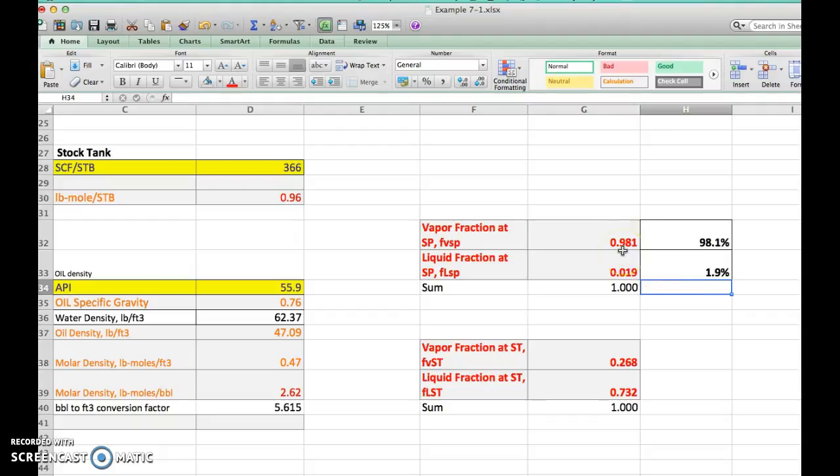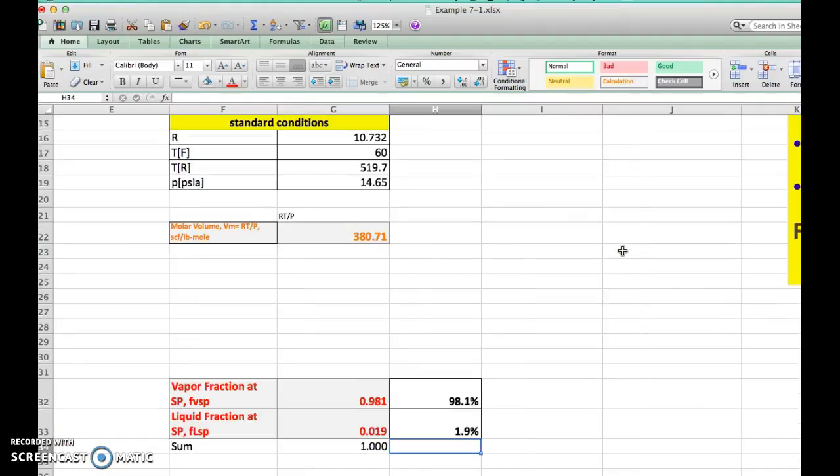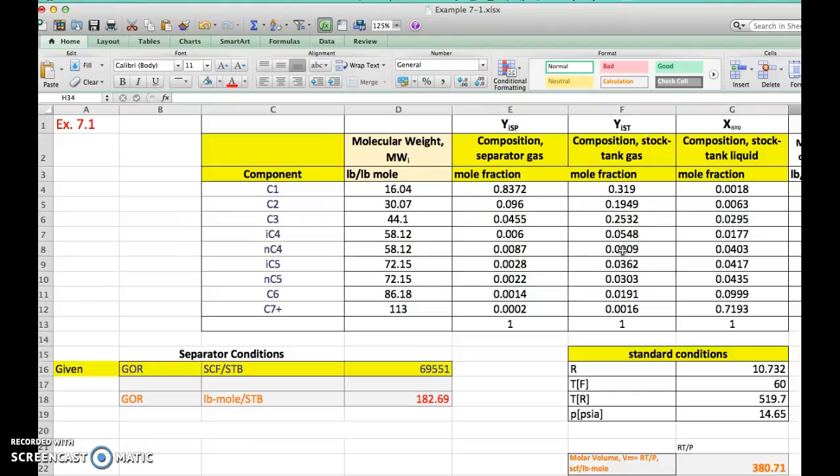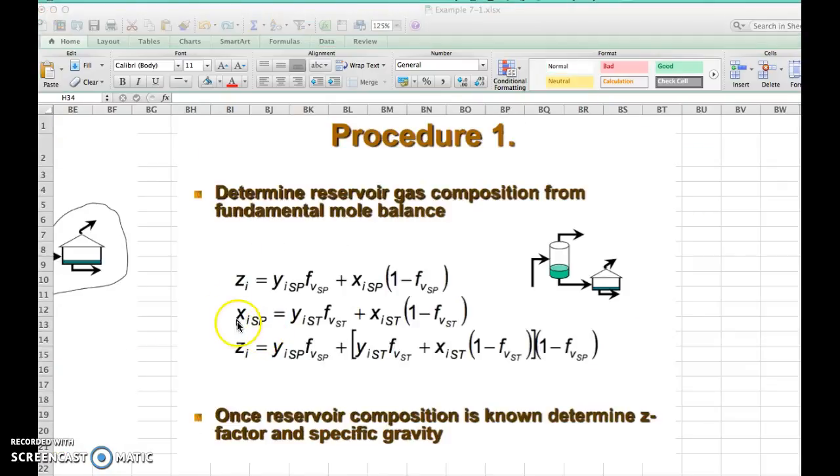Alright, so far we have the fractions of liquid and gas. The next step is calculate the original composition of wet gas inside the reservoir. However, to do that we need the composition of the liquid at separator condition.